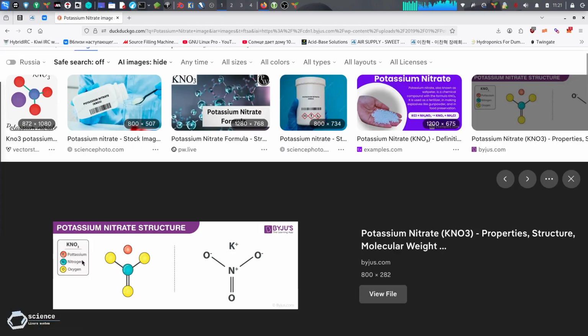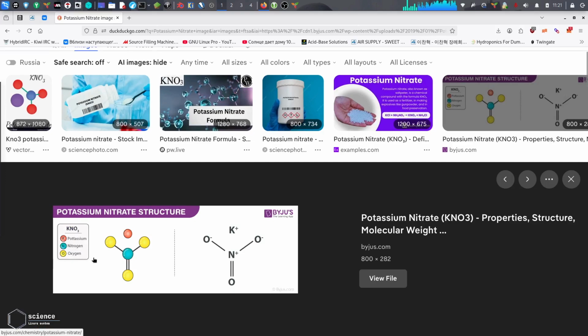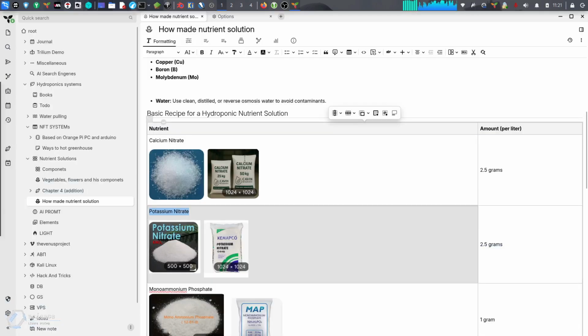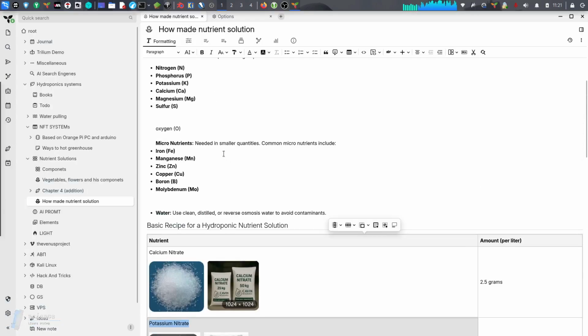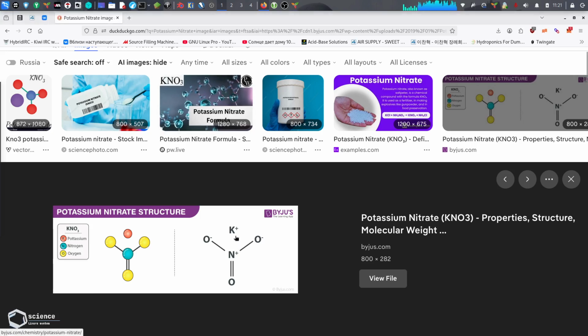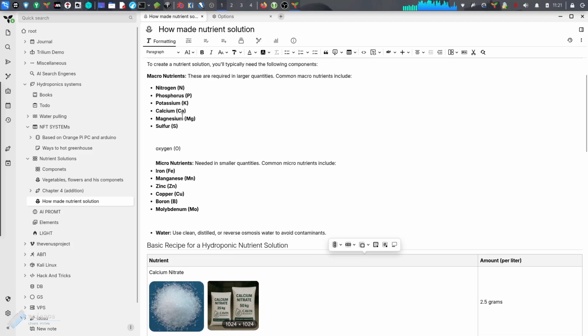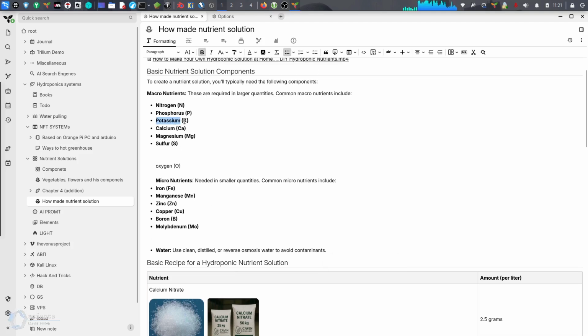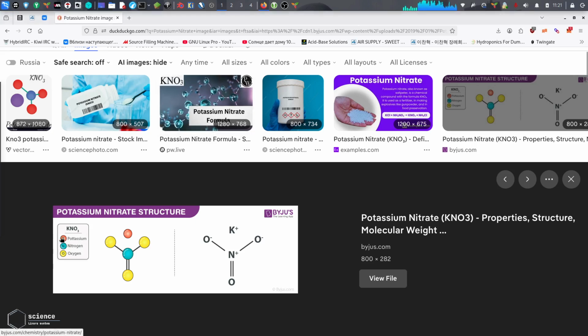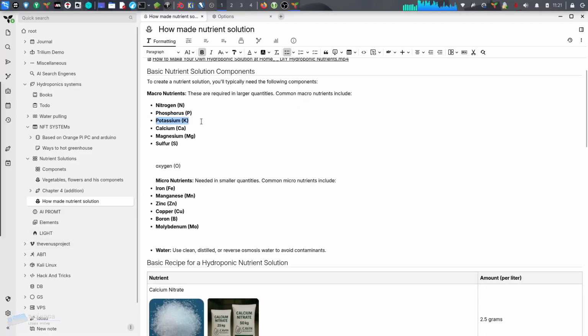Combines potassium, nitrogen, oxygen. Next. Wait. What does K mean? Kalium. Kalium. Potassium, this is key. Yes. Potassium, nitrogen, oxygen.